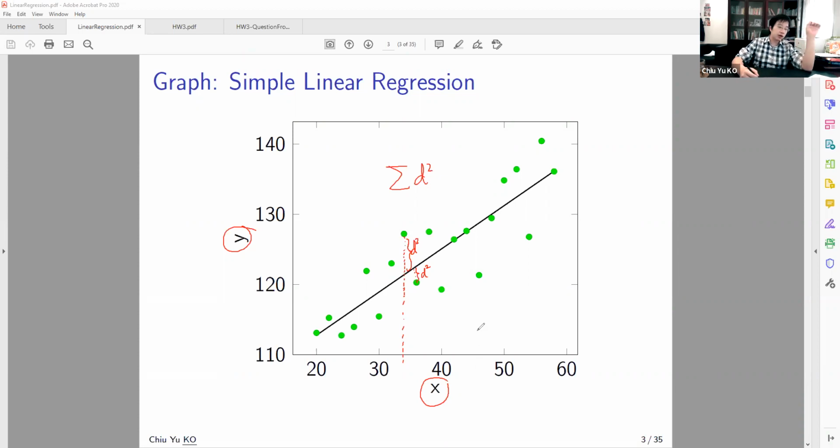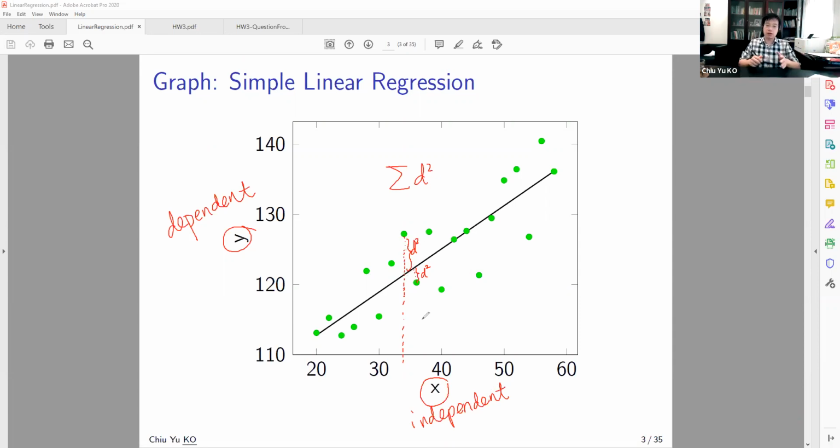In that case, we usually call y the dependent variable and x the independent variable. That's actually true in an experiment, where you usually change x to see how y is impacted. The error comes from how y is being predicted.